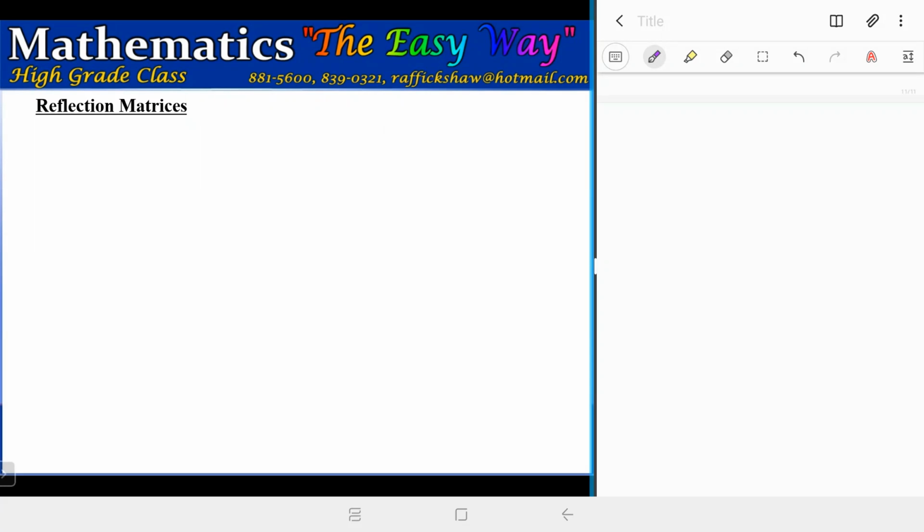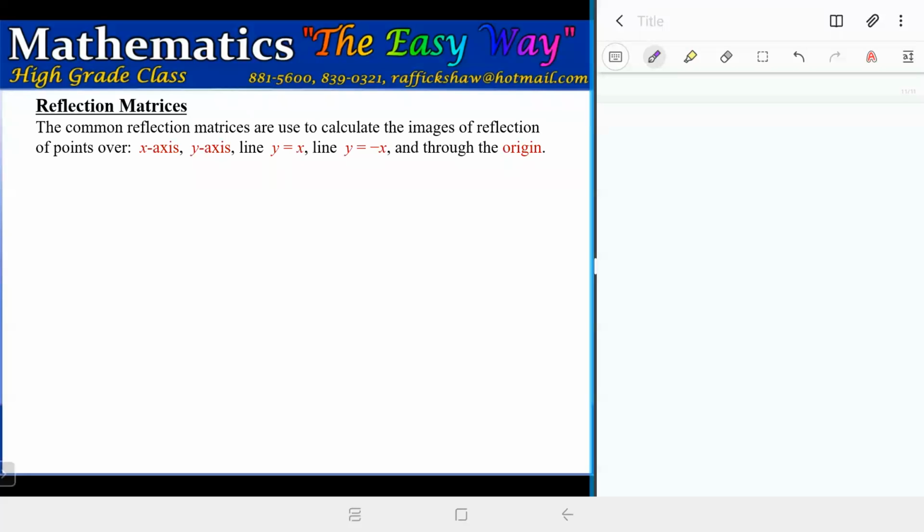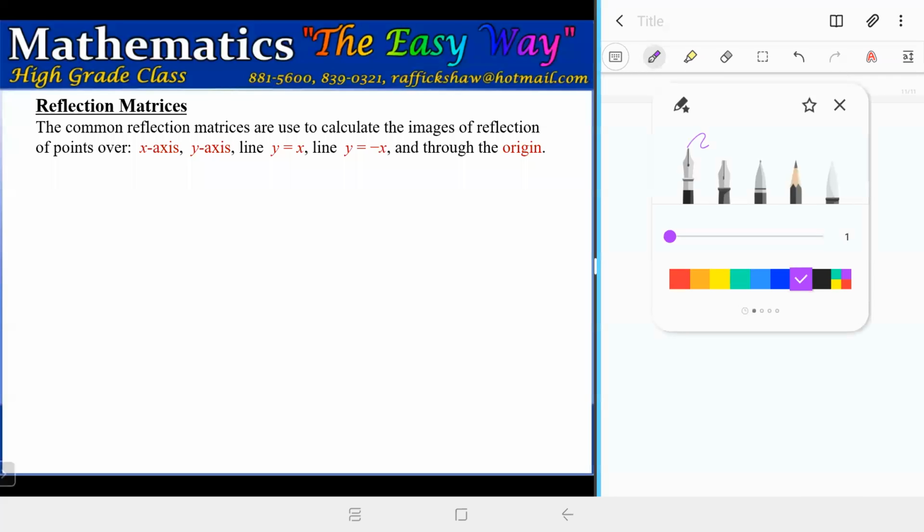All right? So let's look at the reflection matrices now. The common reflection matrices that I use to calculate the image of points are the ones for when you reflect over the x-axis, over the y-axis, over the line y equals x, and over the line y equals minus x. Let me just show you those lines quickly.